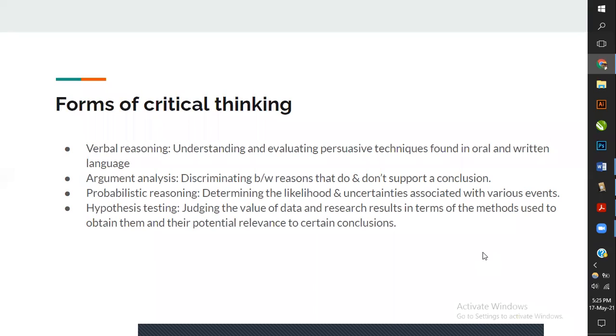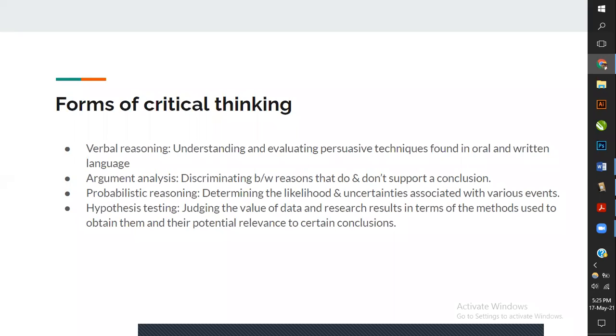In the probabilistic area, we will be determining the likelihood and uncertainties associated with various events. So we will be seeing whether these events happen or do not happen, in what these individuals might be presenting.